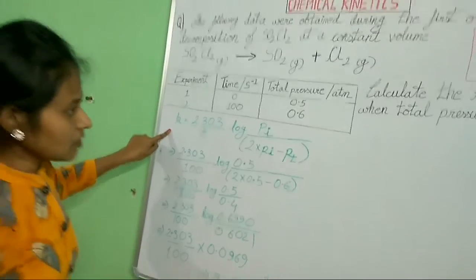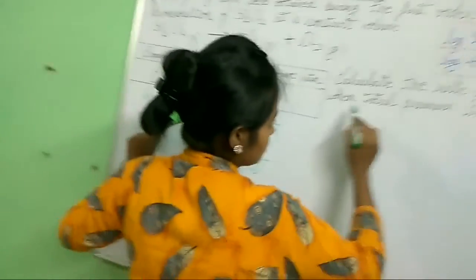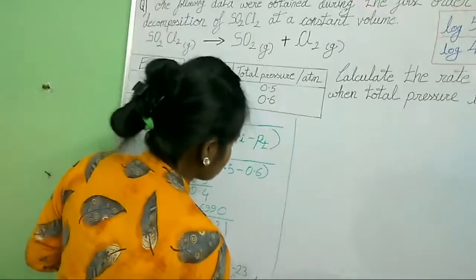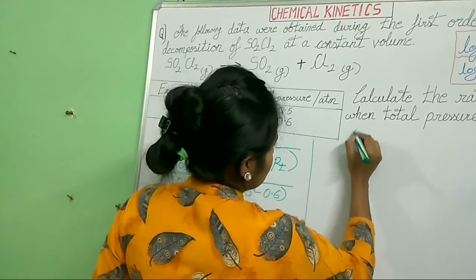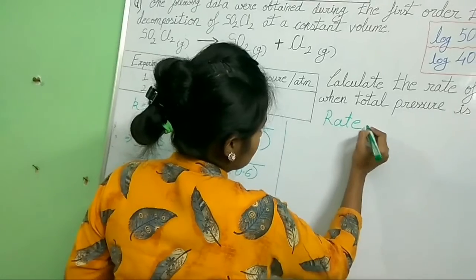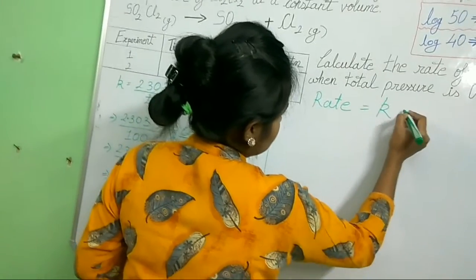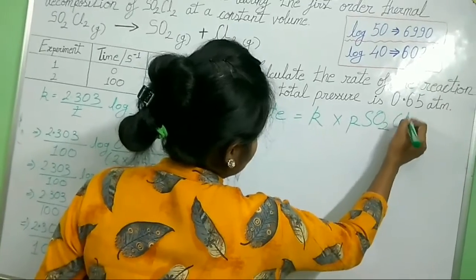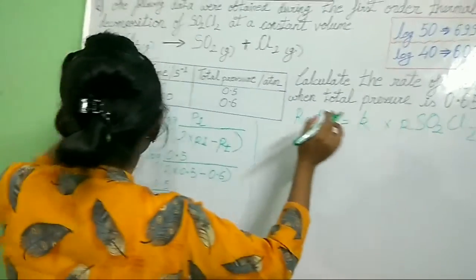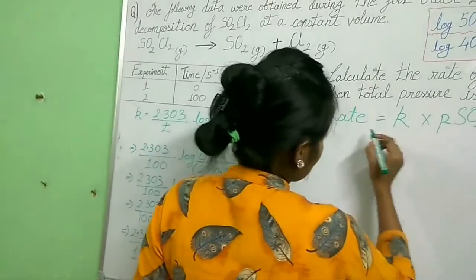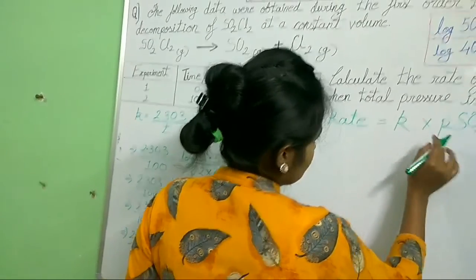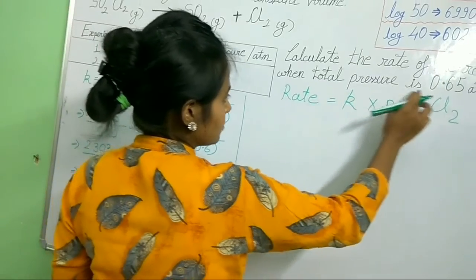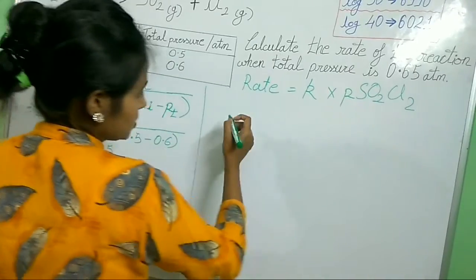Now, we have to find the rate of the reaction when the total pressure is 0.65 atmosphere. So, how to write the rate? Rate will be rate constant into pressure of SO2Cl2, right? Because SO2Cl2 is the reactant here. First, let us find out what is the pressure of SO2Cl2 when the total pressure is 0.65 atmosphere.